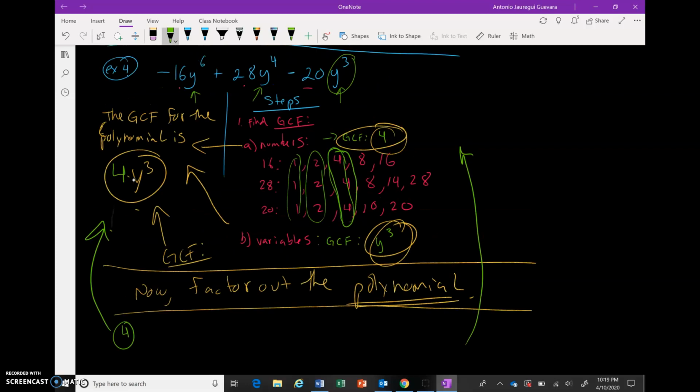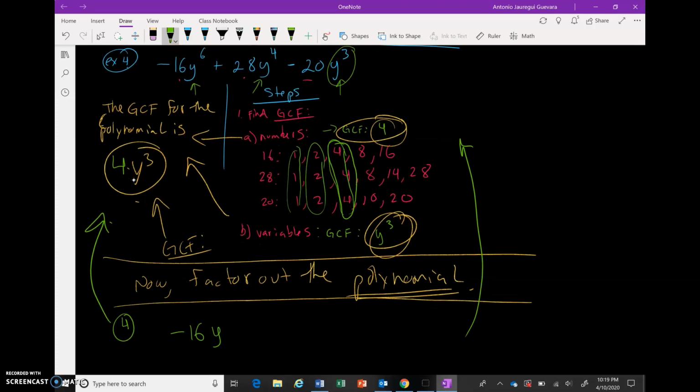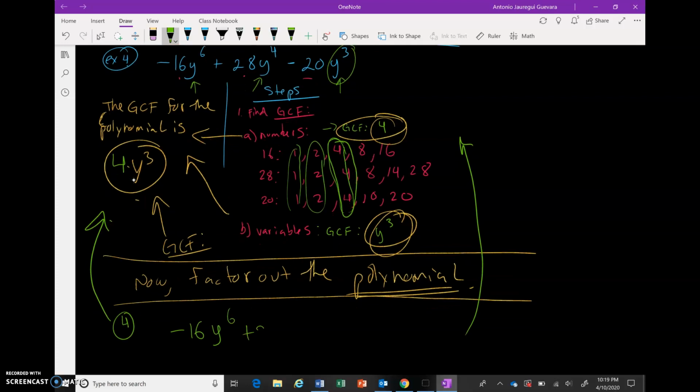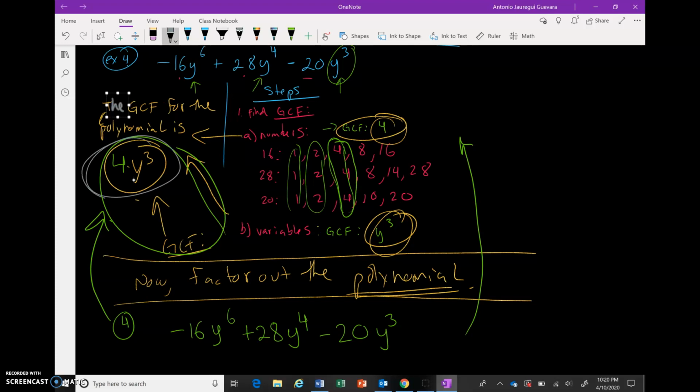Again, my polynomial is 16y to the power of 6 plus 28y to the power of 4 minus 20y to the power of 3. Okay. So we know that my greatest common factor is 4y to the power of 3. It's right here.